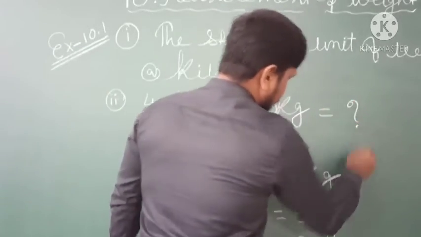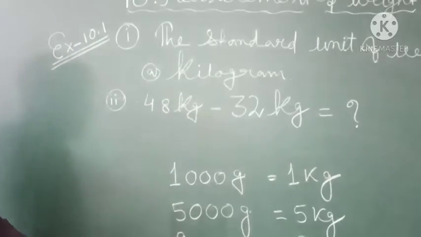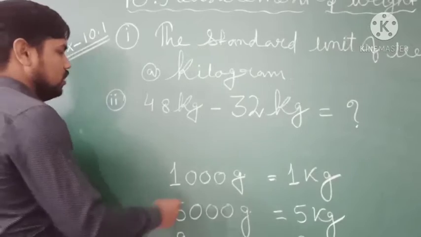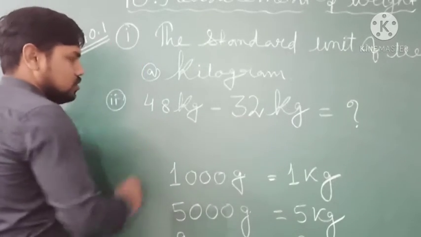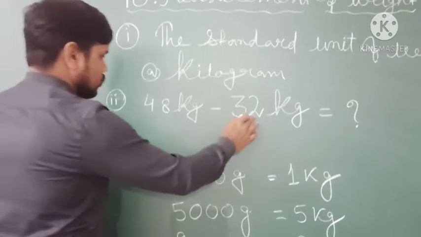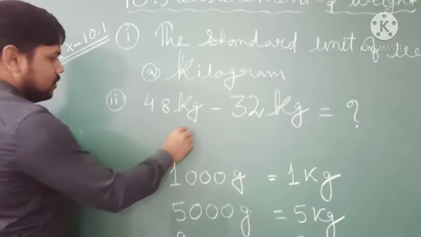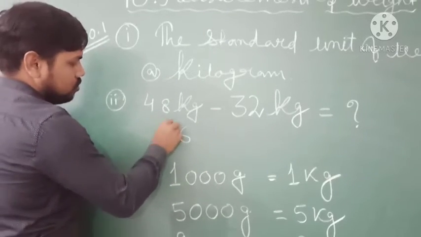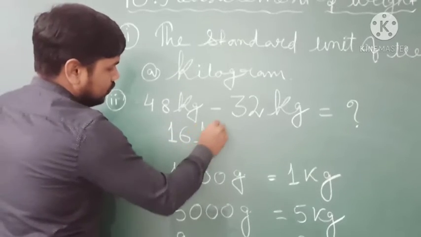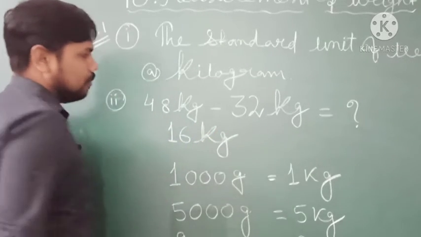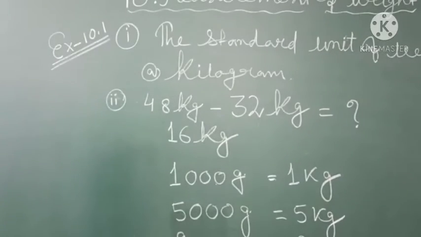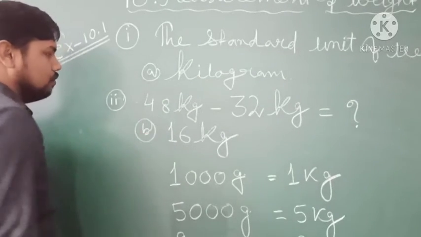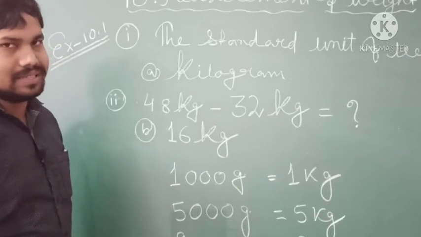It is very simple, you just have to subtract, that is, find the difference of these two. 8 minus 2 is 6, which goes in the ones place, then 4 minus 3 is 1, which goes in the tens place. So 16 kilogram is the difference, which is option B. So option B is the correct answer.